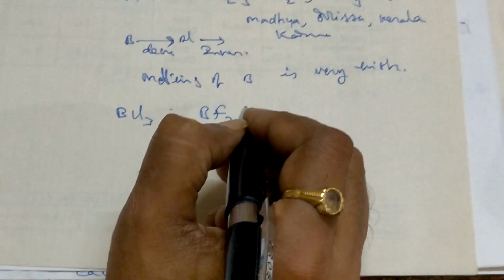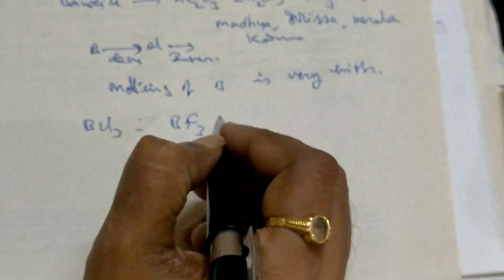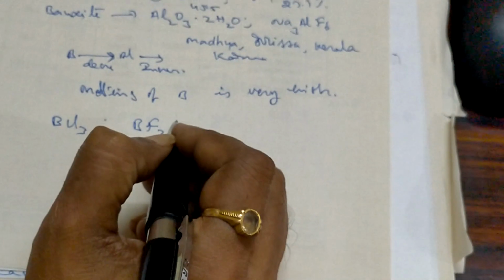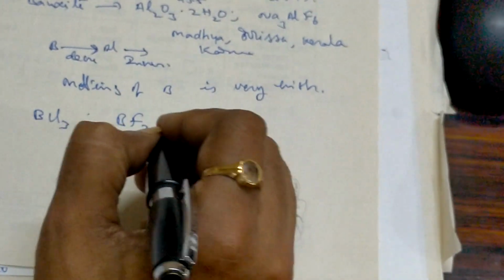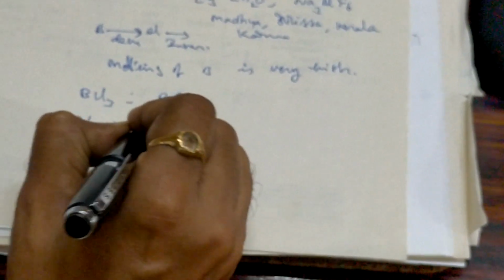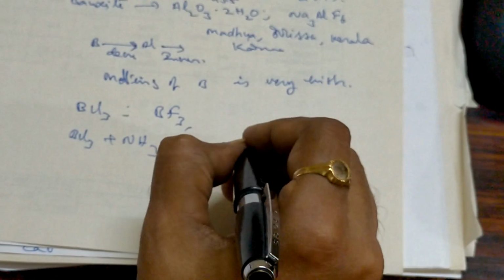But when boron trichloride reacts with ammonia, it becomes tetrahedral. That means 4 also.